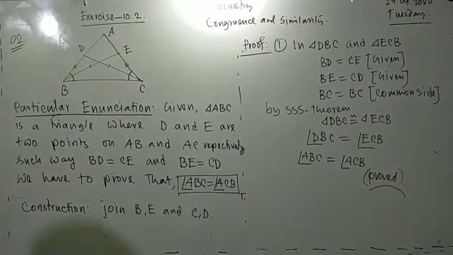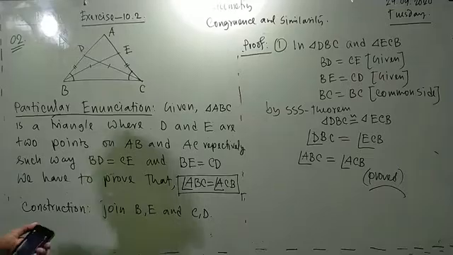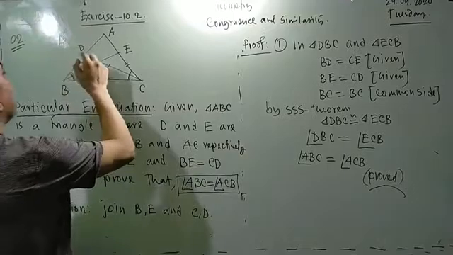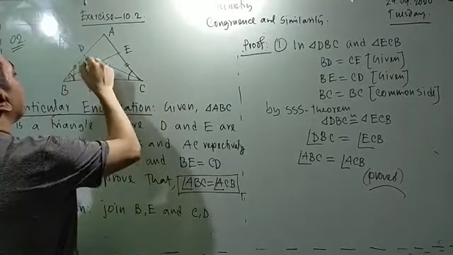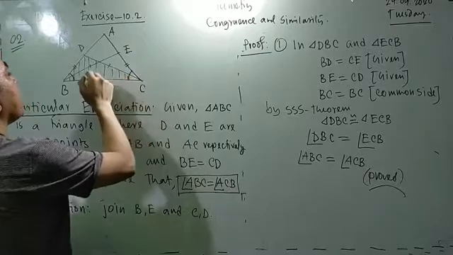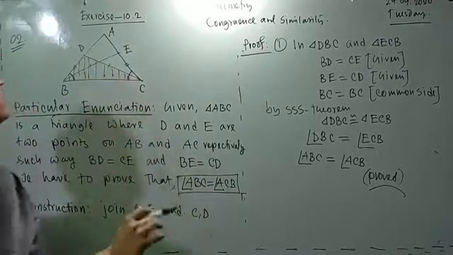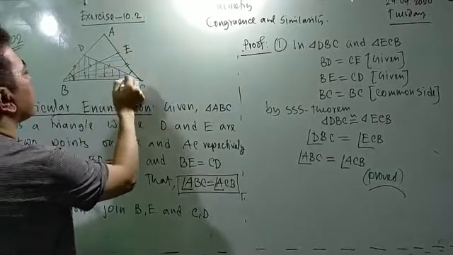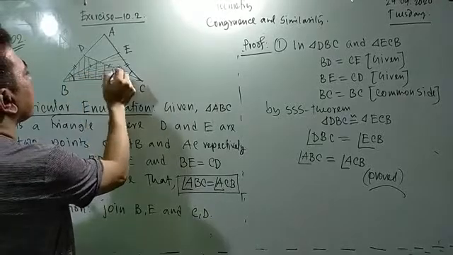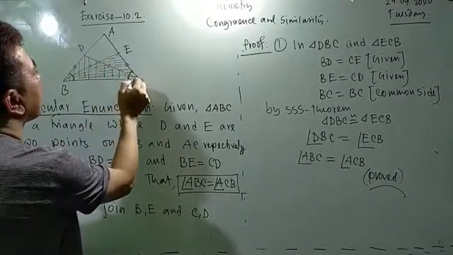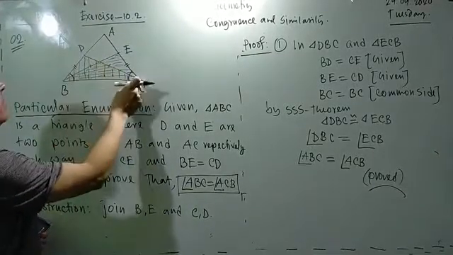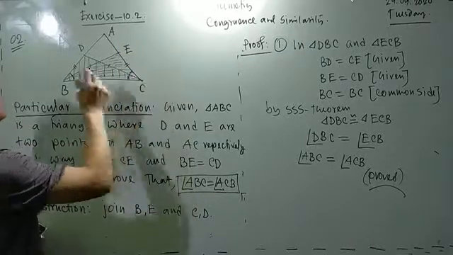Okay, which part should I repeat, tell me. Okay, look at this triangle, this part. Look at that here, this one is a triangle and this one is another triangle. This part is common, so DBC is one triangle and ECB is another triangle.